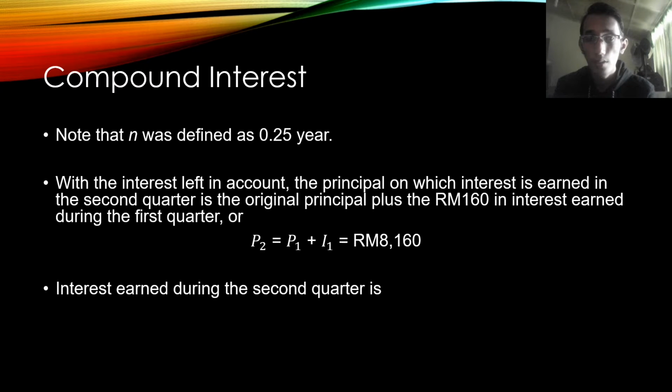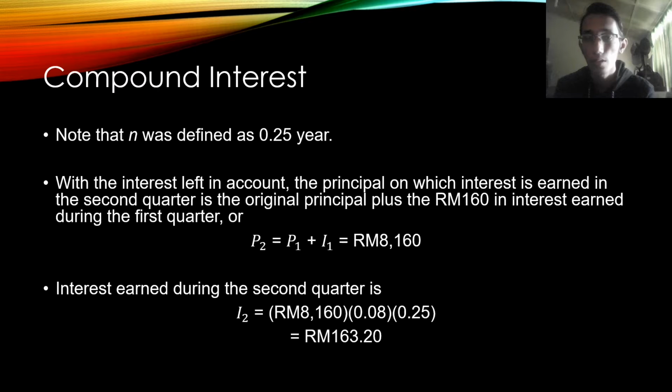The interest earned during the second quarter is I2 equal to 8,160 times 0.08 times 0.25, equal to 163 ringgit and 20 cents.